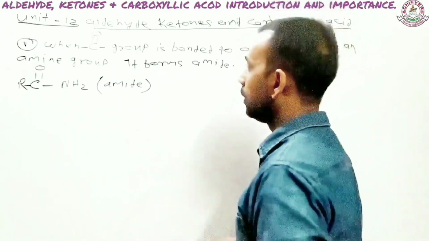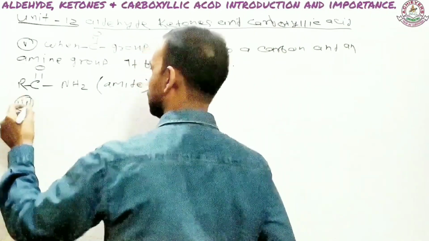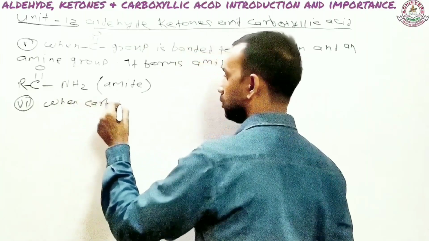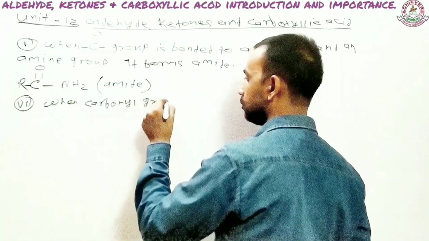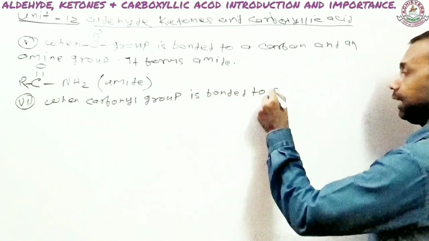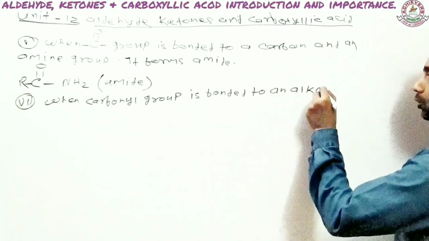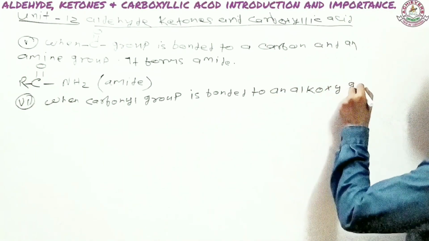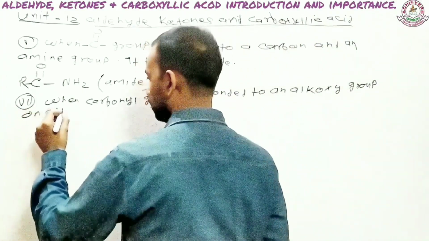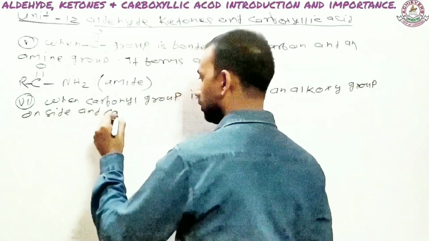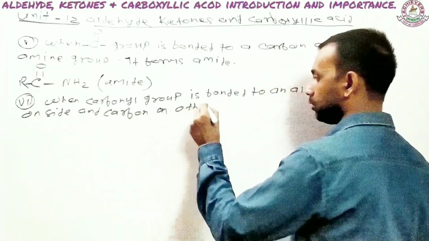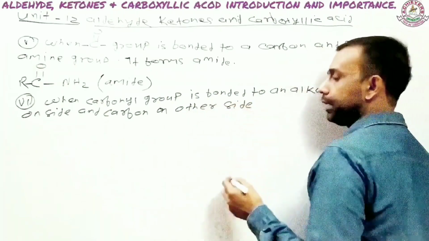So what next is, when the carbonyl group is bonded to an alkoxy group on one side and carbon on the other side, it forms ester.